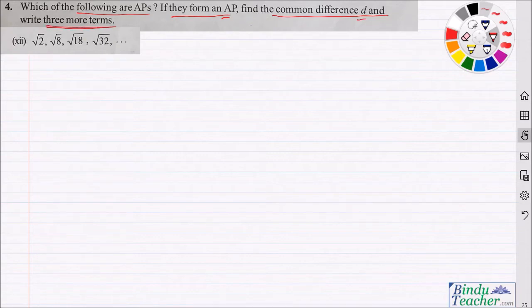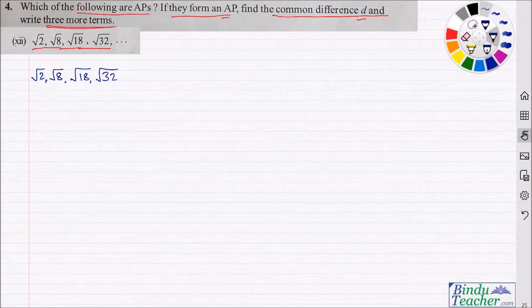So let's look at this first question. The list of numbers are square root of 2, square root of 8, square root of 18 and square root of 32. Now let's write this question as: square root of 2, square root of 8, square root of 18 and square root of 32.